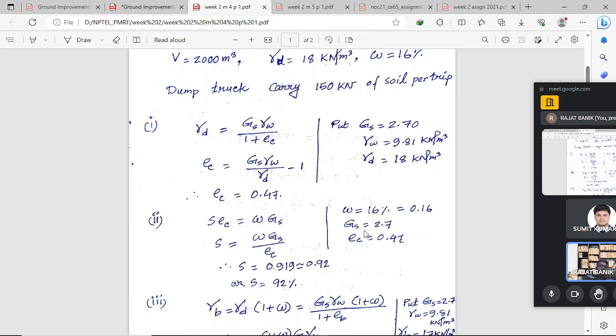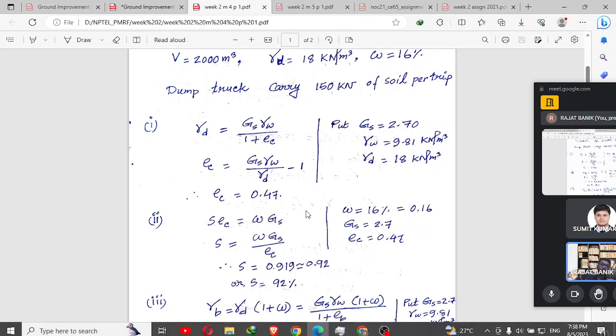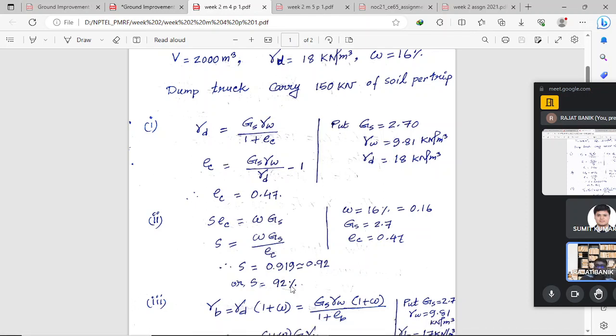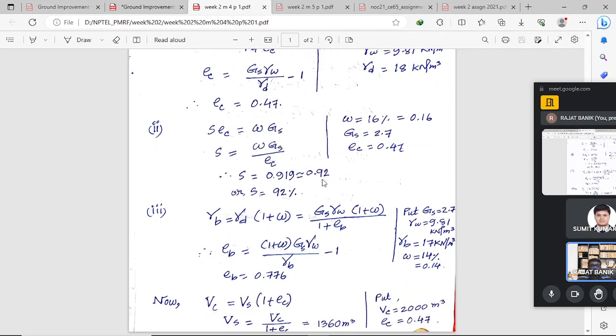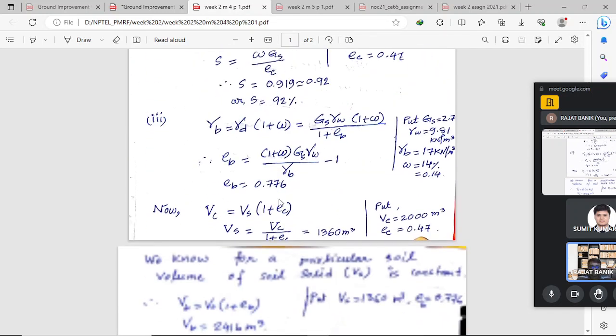It is 2.7. Water content is 0.16 and void ratio is 0.47, which we calculated previously. By putting in all the values, we find that the degree of saturation is 0.92, which as a percentage is 92%.